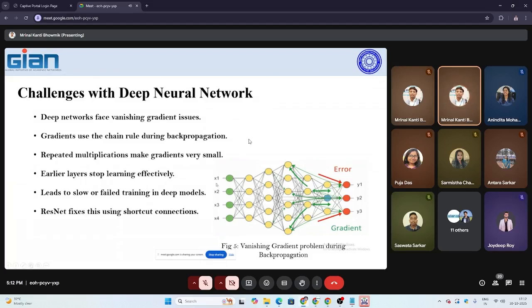The input image is passed through the hidden layers, and then the output comes and does not match the expected output, hence it goes back to the hidden layers. While going back, it faces the gradient issues, because at that time the chain rule is applied.